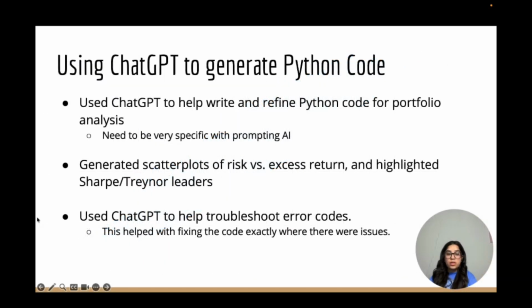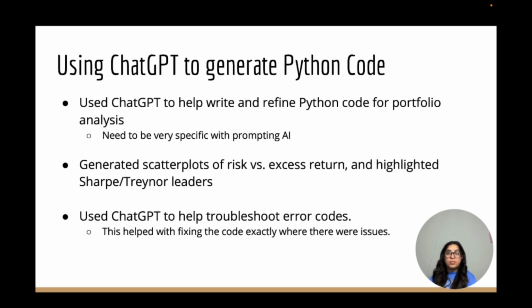Okay, so for this project, we used ChatGPT to generate some Python code for us, by giving it the details of the project, and we had to be very specific with prompting the AI to do what we wanted. For me, I had trouble with having the little box for the tickers show up, so I had to be very specific about what I wanted in that.